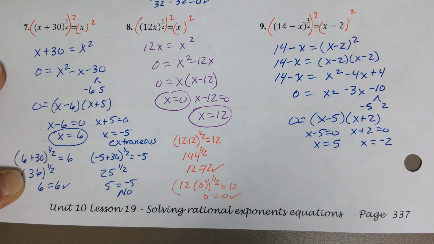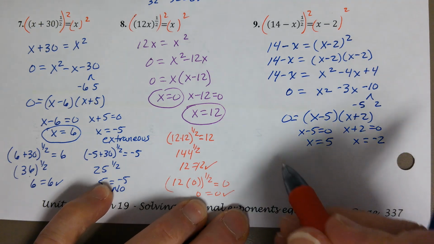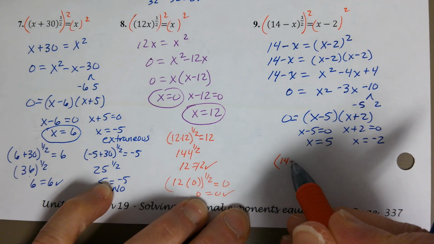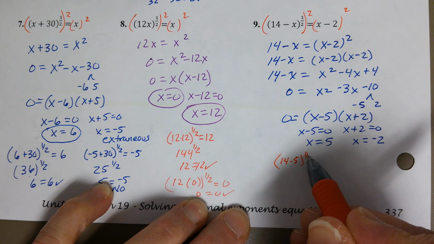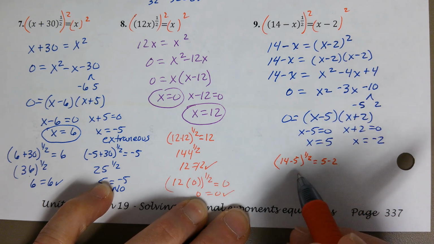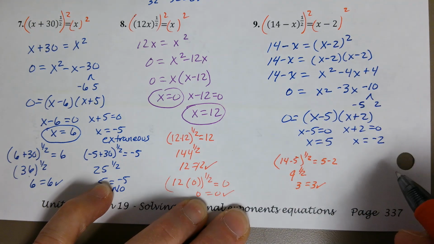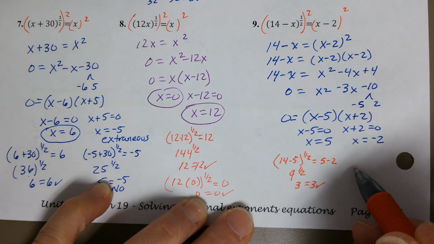And we need to check. Is 14 minus 5 raised to the 1/2 equivalent to 5 minus 2? That's 9. Square root of 9 is 3. 3 does equal 3. That checks. About negative 2.